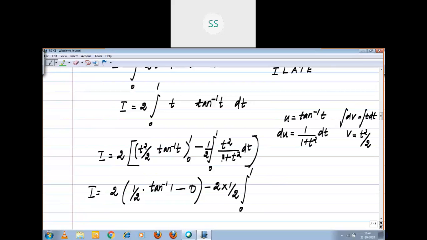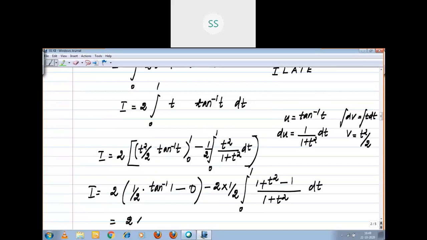Based on the denominator, I am going to modify the numerator, that is, add 1 and subtract 1: 1 plus t square minus 1 divided by 1 plus t square dt.